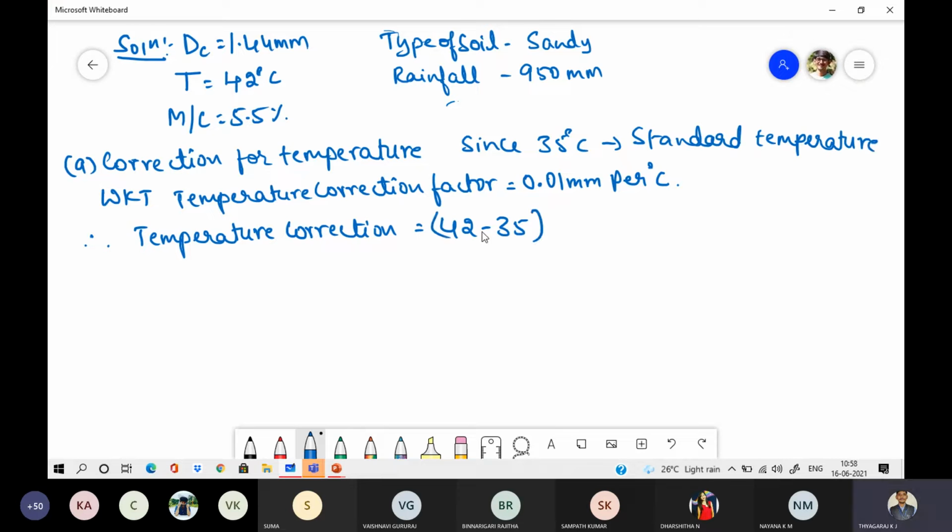So how much are you going to get? 7 into 0.01, 0.07 mm. Is it a negative correction or positive correction?